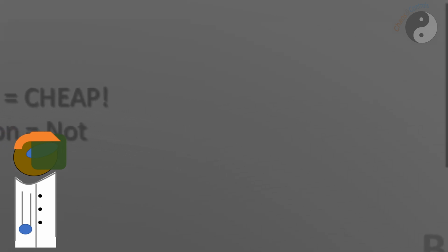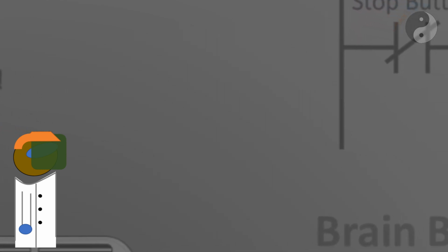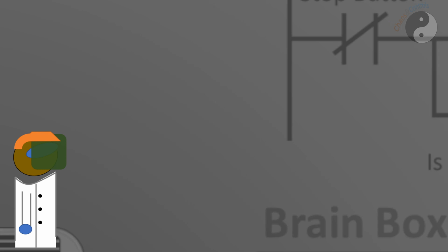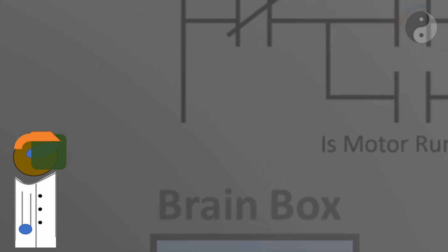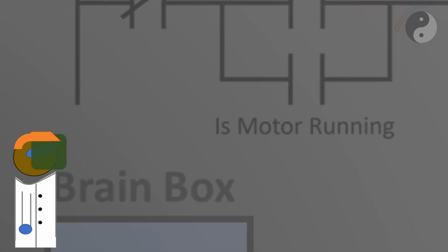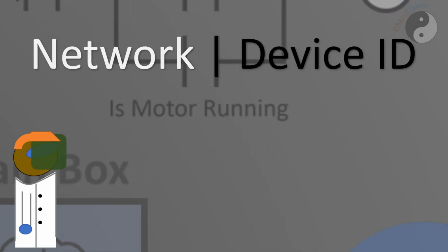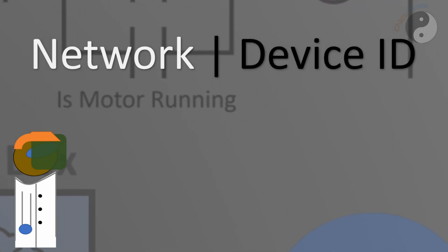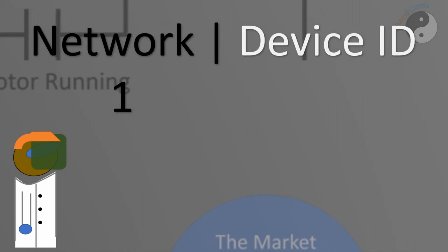So as I stated, the purpose of the subnet, which in addition to creating networks within networks, is really to help you separate out what is the network versus what is the device ID. Let's think about that for a minute. It's either the network or the device. It's one or the other. It's on or it's off.